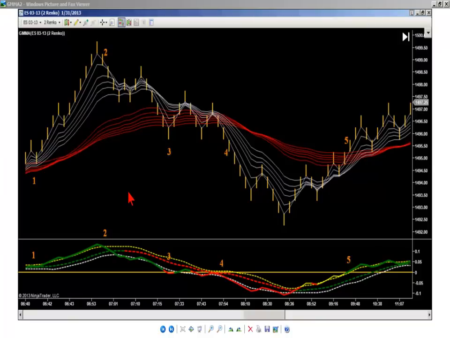Now here I've put the Bollinger Band differential oscillator on the screen with the Guppy moving averages. And so you can see on the left here, number one, how the Bollinger Band differential oscillator is compressed right in here. The Bollinger Bands are in a squeeze in the same way that the moving averages come together down here and kind of squeeze together.